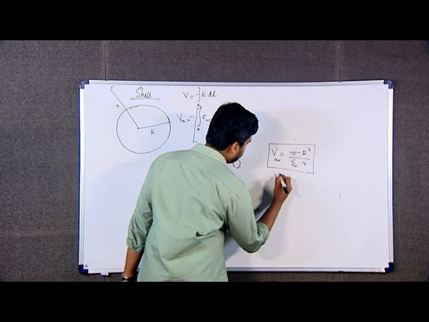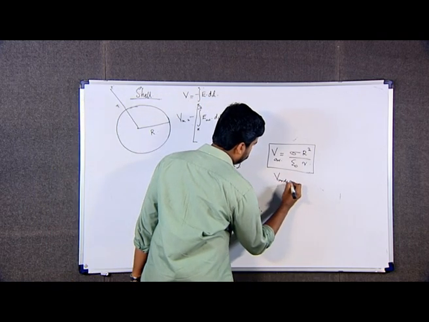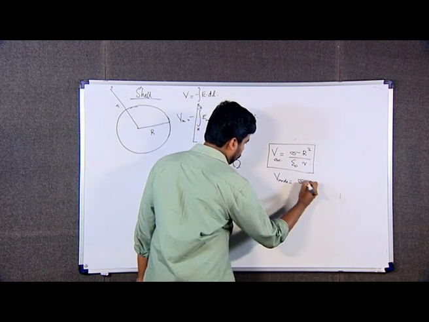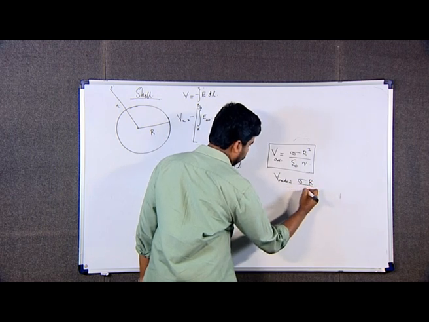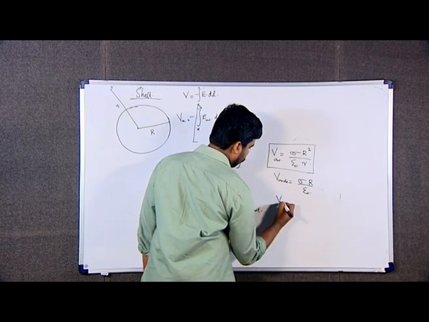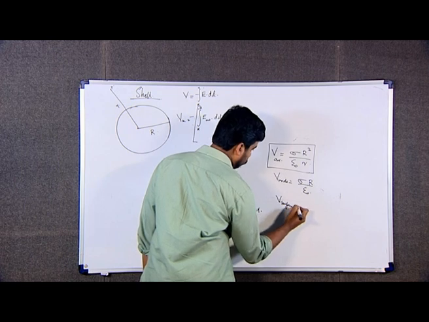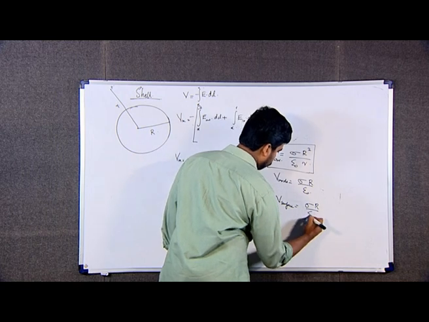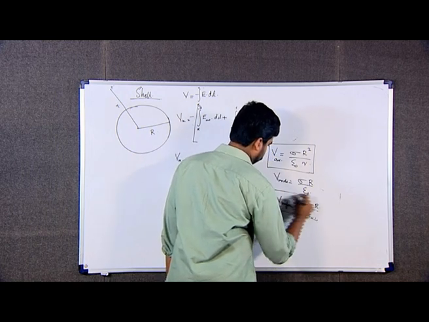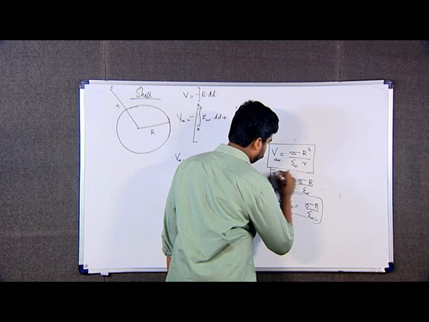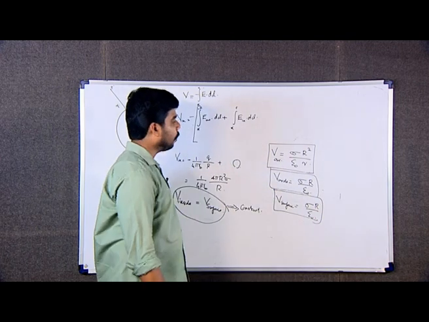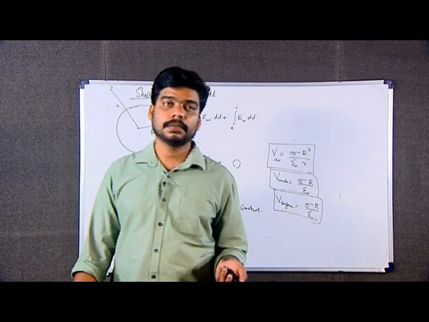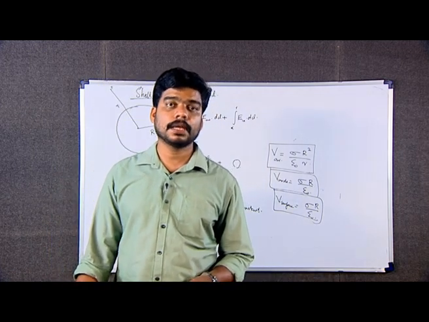So V inside is equal to sigma r by epsilon 0, and V at the surface is equal to sigma r by epsilon 0. This is the potential produced outside, inside and at the surface of a spherical shell.